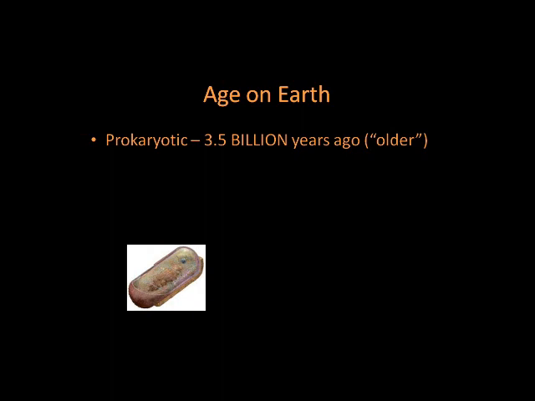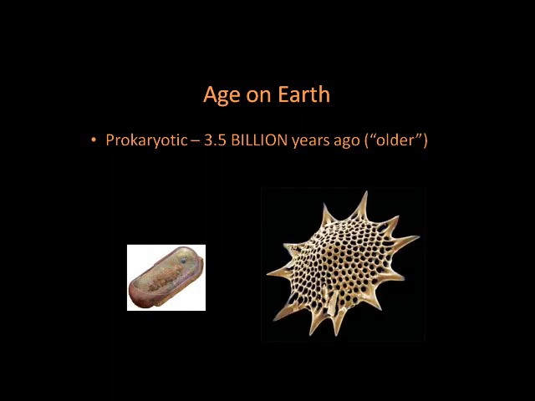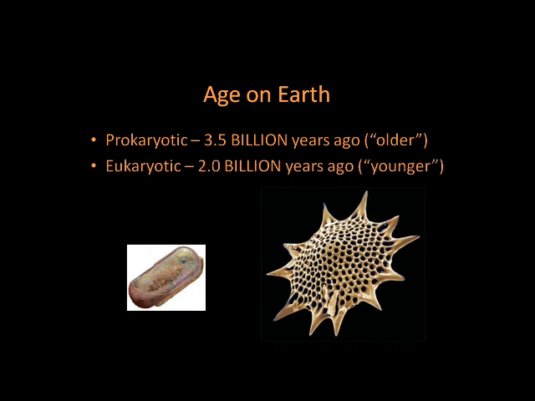About 1.5 billion years after the prokaryotic cells came eukaryotic cells. The first eukaryotic cells are believed to have been formed about 2 billion years ago. So eukaryotic organisms have not been on Earth as long as prokaryotic organisms. Prokaryotic cells are the older cells, and eukaryotic cells are the younger cells, if you're talking about how long they've been on Earth.